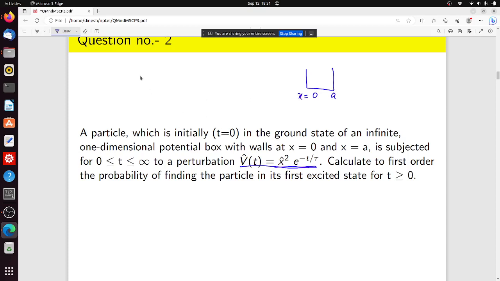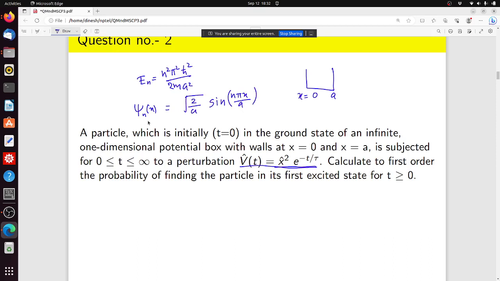Okay, so let me write the energy eigenvalues for this one-dimensional potential well. This is n square pi square h cross square by 2ma square. Okay, and the wave function psi n of x is root 2 over a sin n pi x over a.